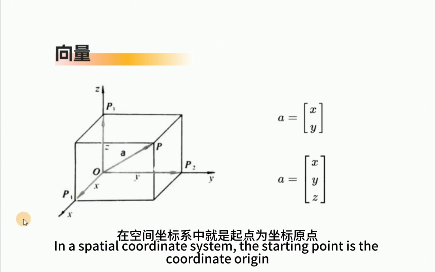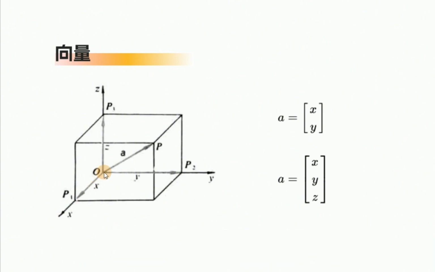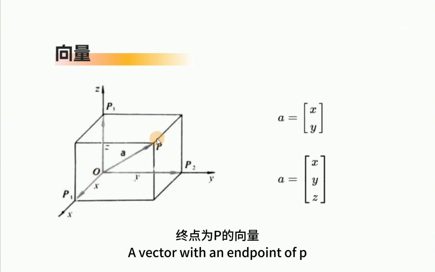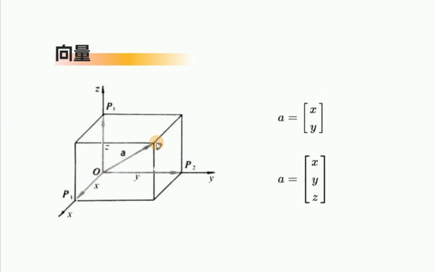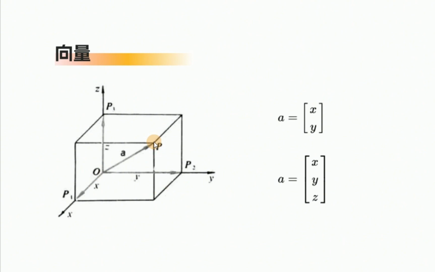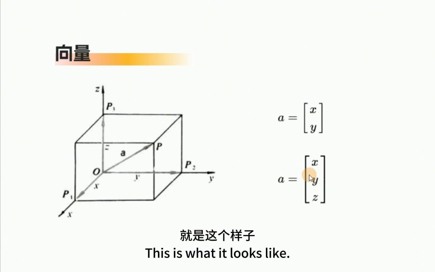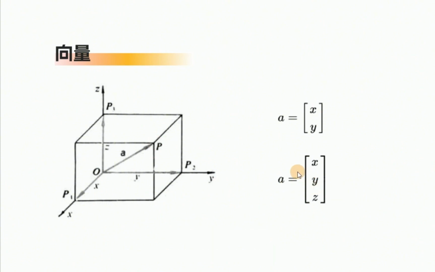In a spatial coordinate system, the starting point is the coordinate origin, a vector with an endpoint of P. The coordinates of point P are x, y, z. Certainly, it can also be expressed as a matrix. This is what it looks like.